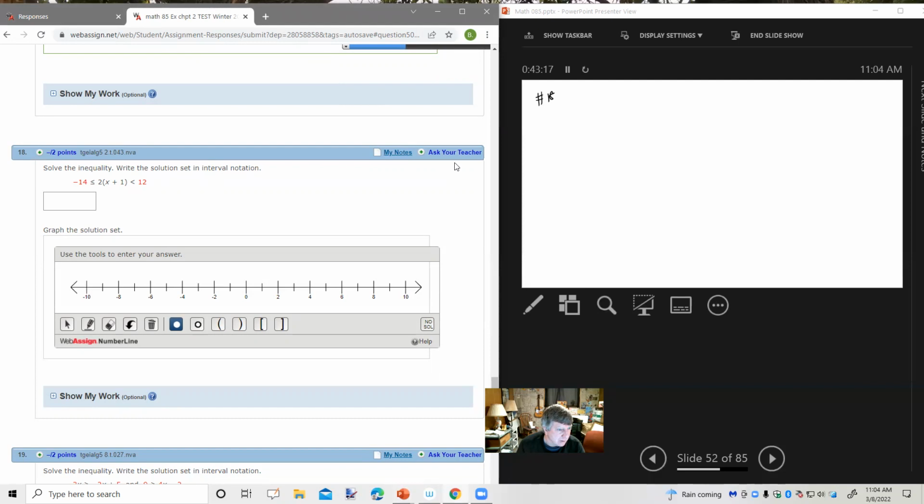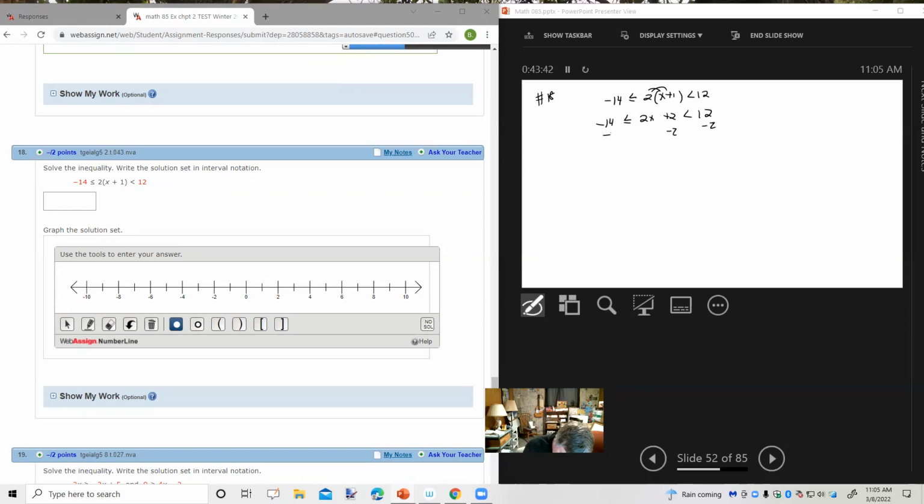All right, solve the inequality, write the solution set in interval notation. Negative 14 less than or equal to 2 times the quantity x plus 1 less than 12. So the first thing we're going to do is simplify the inside, distributing the 2. Now I've got 3 parts, both ends and the middle, and I need to get x in the middle.